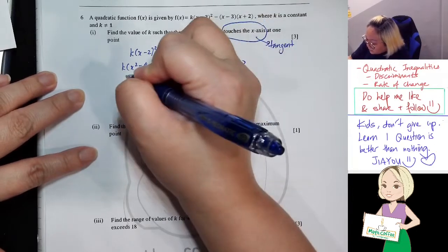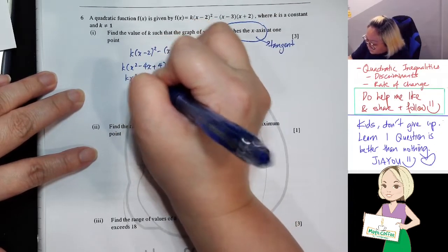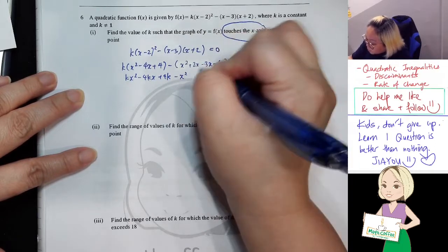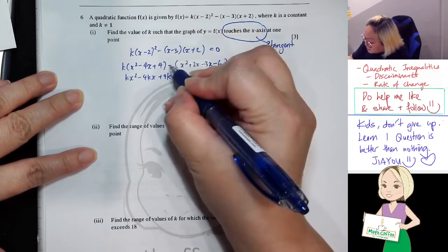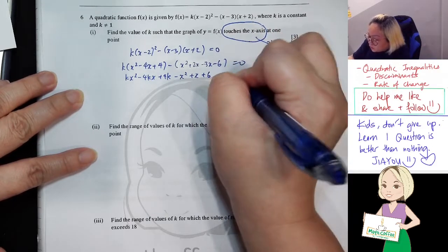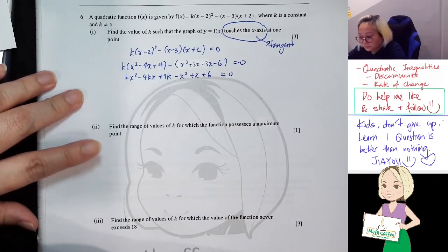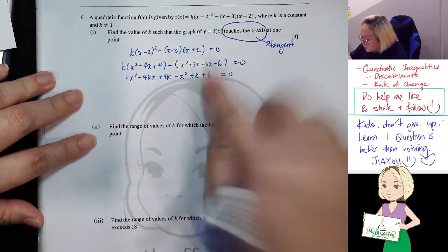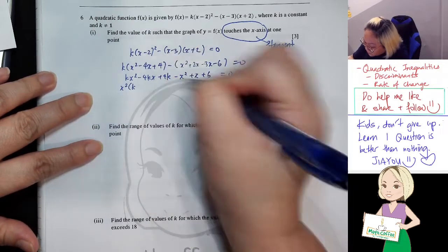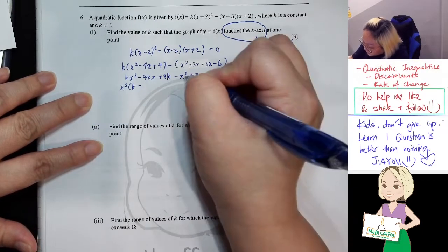So let's open up everything. kx squared minus 4kx plus 4k minus x squared. This is minus x, minus minus means plus x. Minus minus means plus 6 equals to 0. From here, my x squared will be k minus 1.